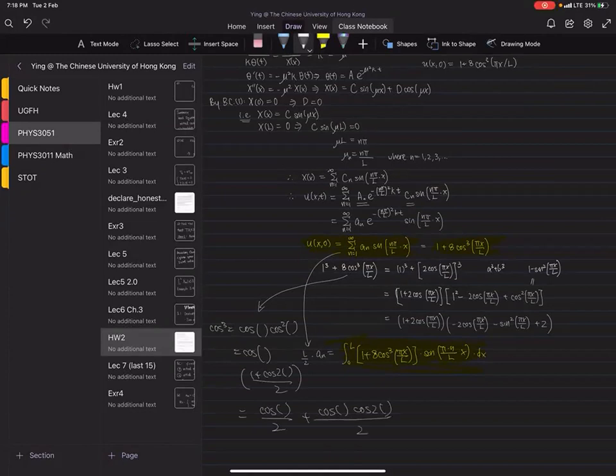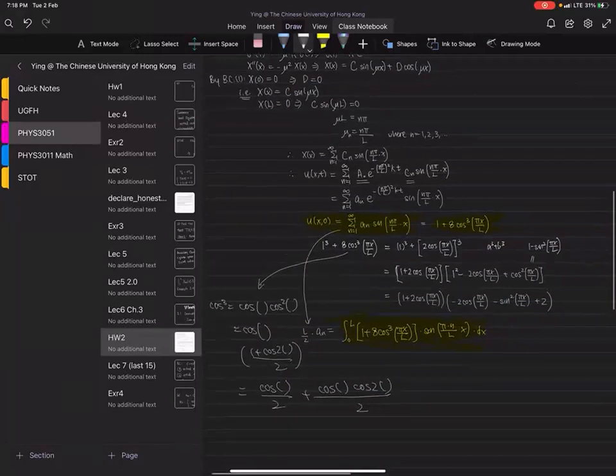Like this. Yeah. Then what's next? I need to match the sine. So should I use product to sum here?